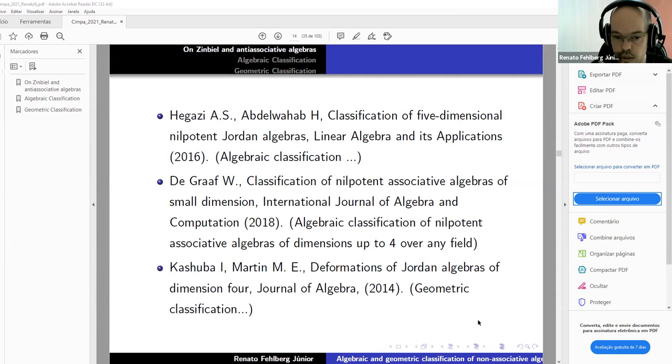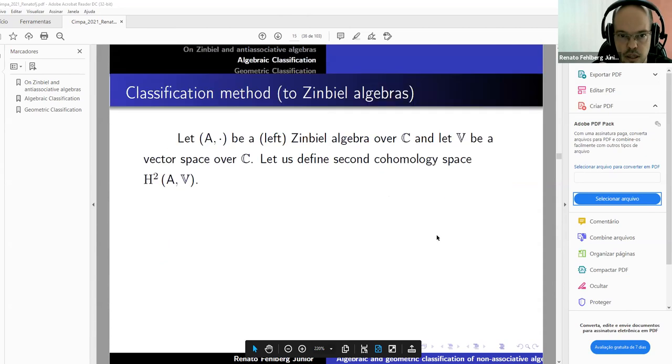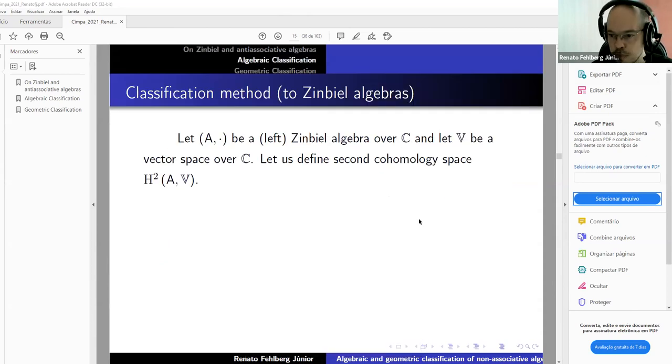And another result is the geometric classification of Jordan algebras of dimension 4. And okay, these are just few examples of results about classification of finite dimensional algebras.